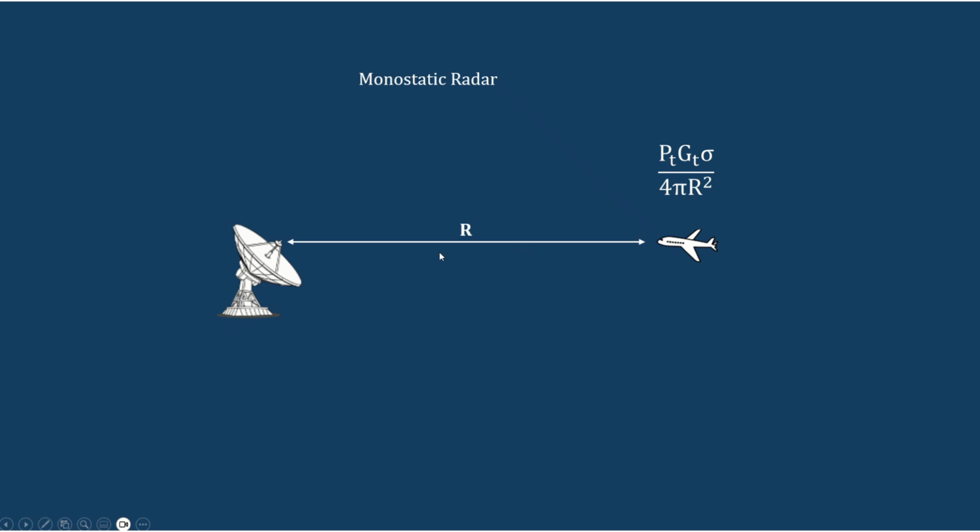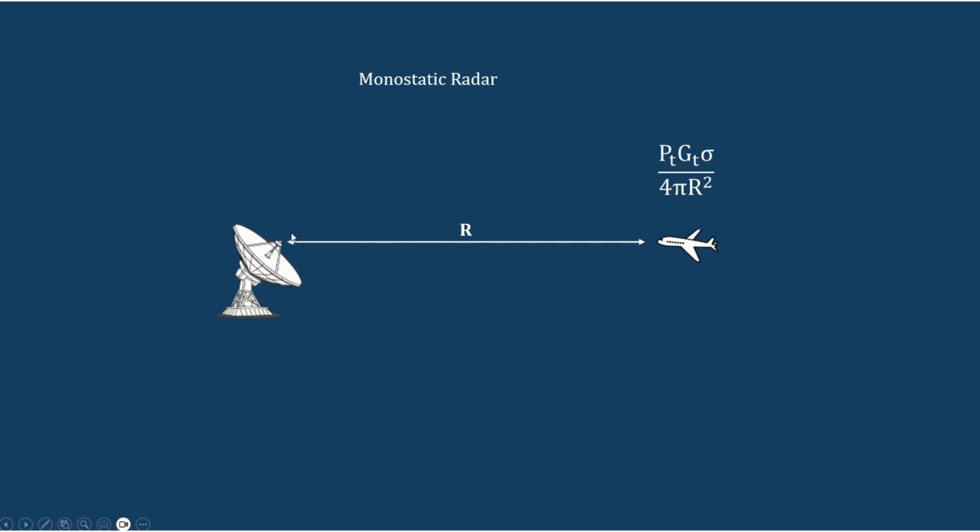And as it is a monostatic radar, it has to cross the same distance again to reach the receiver. So it has to travel the same distance r. If it travels the same distance r, there will also be a reduction of 4 pi r square in the returning path.